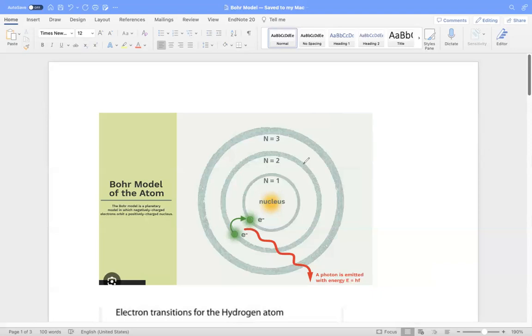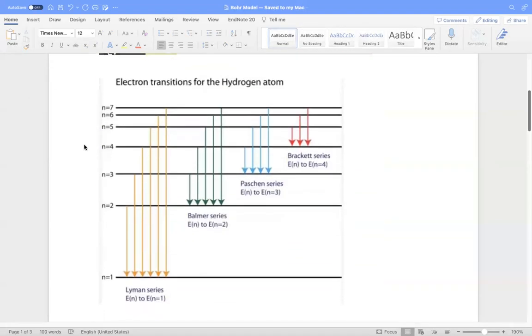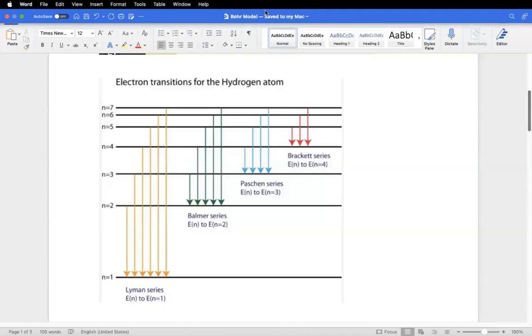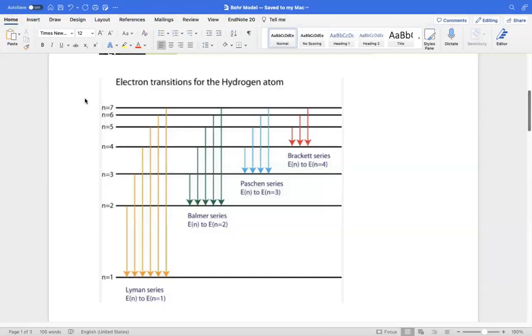So now going into some of the specific series, the two that come up most often are going to be the Lyman series as well as the Balmer series. And sometimes questions can be a little bit confusing because the question doesn't tell you explicitly that m is going to equal 2, or m is going to equal 1. It doesn't tell you the m value, but it tells you the series value.